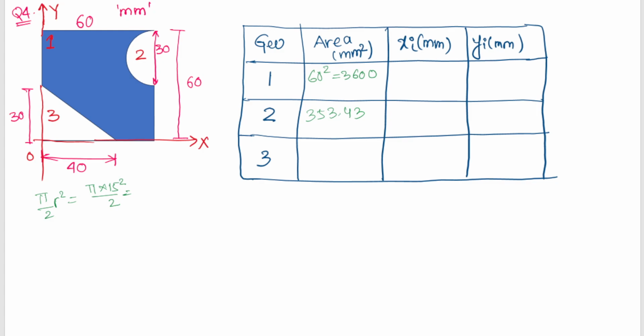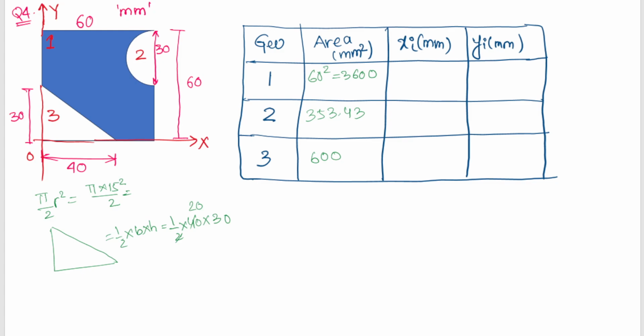And the third area is a triangle of height 30 and base 40. The area of the triangle is half into base into height, which is half into 40 into 30, so 600 square is the area.